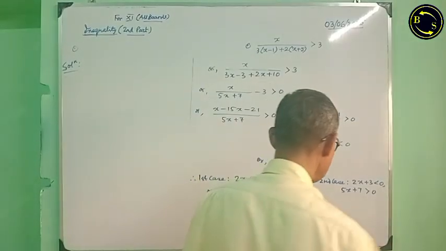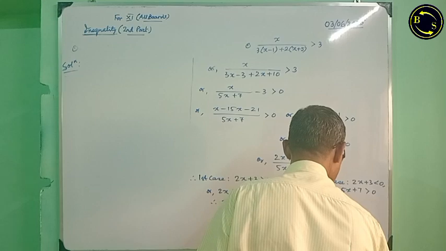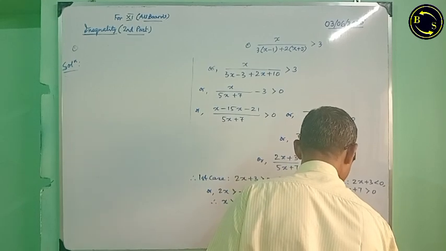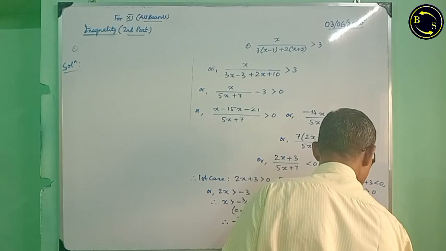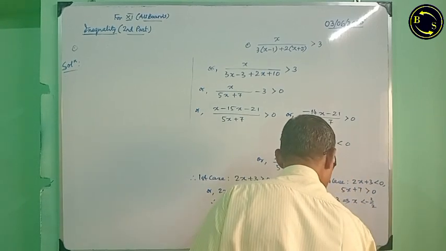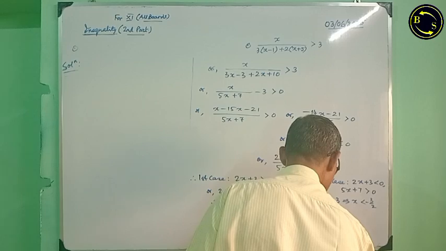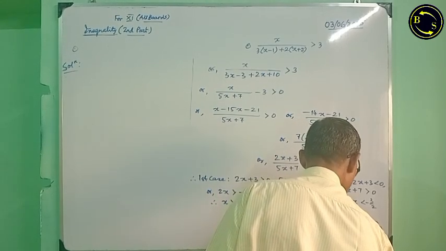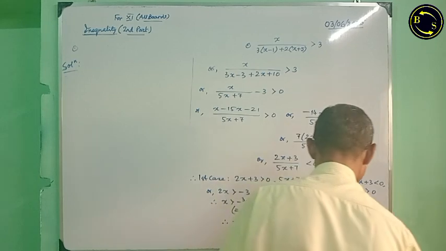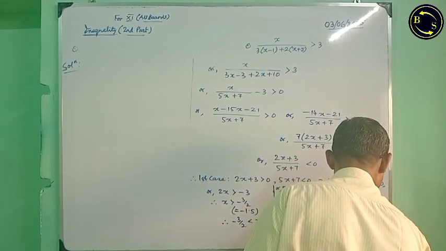And from this 2x less than minus 3, from that x less than minus 3 by 2, and 5x greater than minus 7, from that x greater than minus 7 by 5.